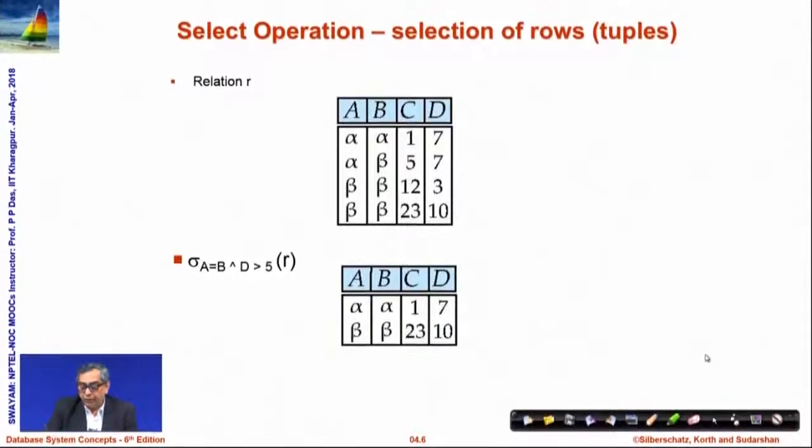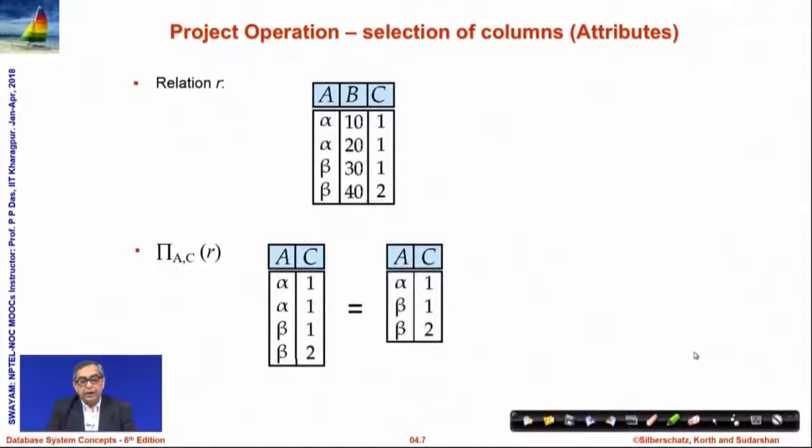Let us move on and look at the next one, called the projection operation. Select chooses a subset of the rows; projection projects a set of columns from the original relation. This is quite straightforward to see.